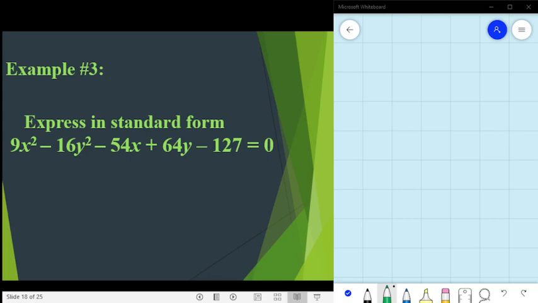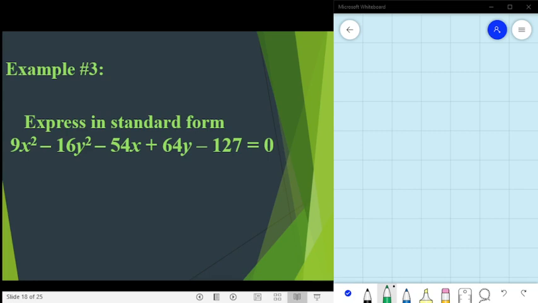Okay, so example number 3, we are going to express the given in standard form. We have 9x squared minus 16y squared minus 54x plus 64y minus 127 is equal to 0. So in order to express this in standard form, what we're going to do is first group the terms with the same variables.